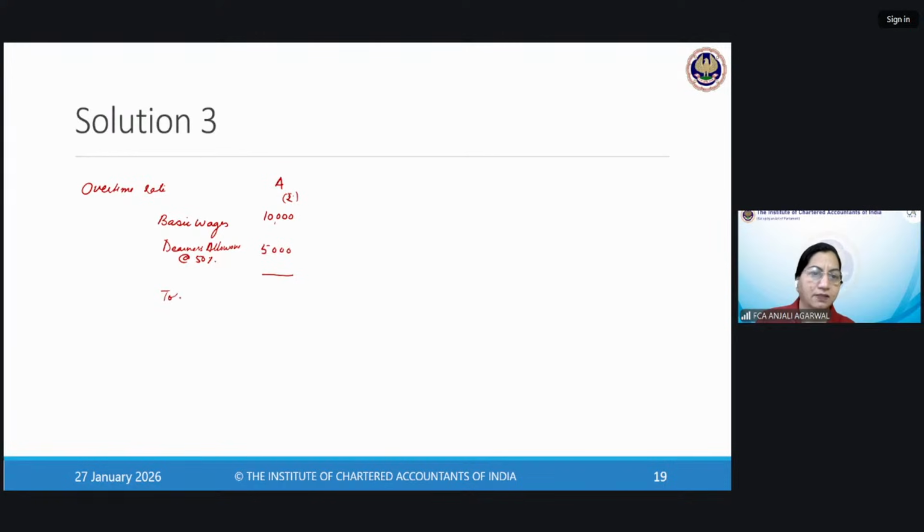Total wages 15,000. For how many hours? 200. Therefore, hourly rate or rupee per hour, 15,000 divided by 200, 75 rupee per hour.